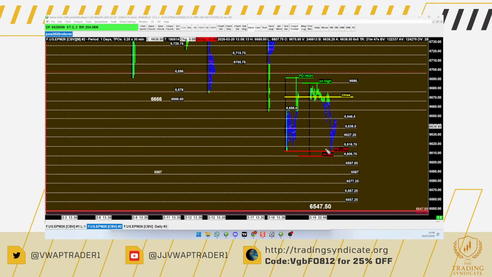And if we break out of it, do we come back in like we did in the overnight, or do we break and go? Same applies for the top if we get up there. That's what we're looking at today, an inside day. And right now we are just bouncing back and forth over VWAP.